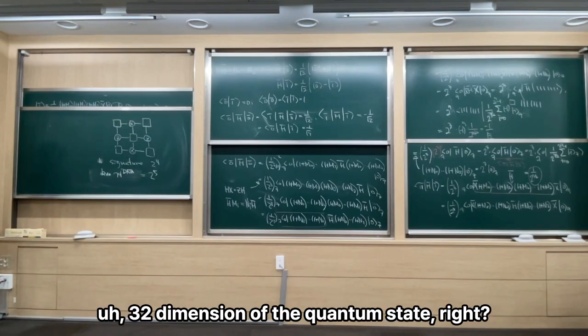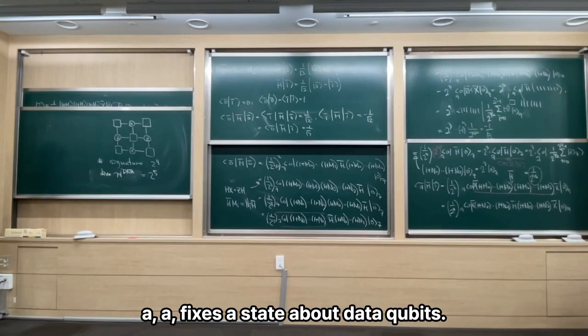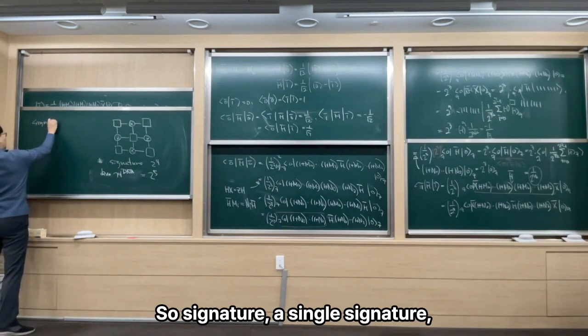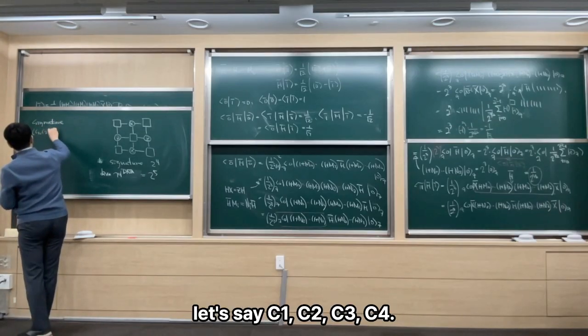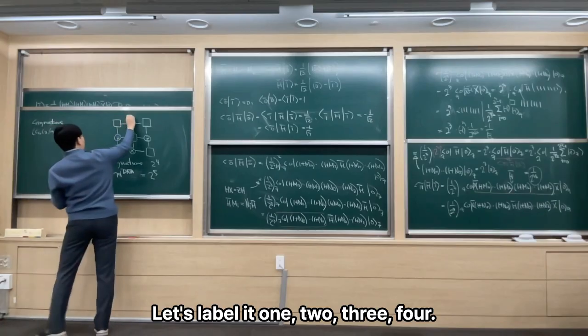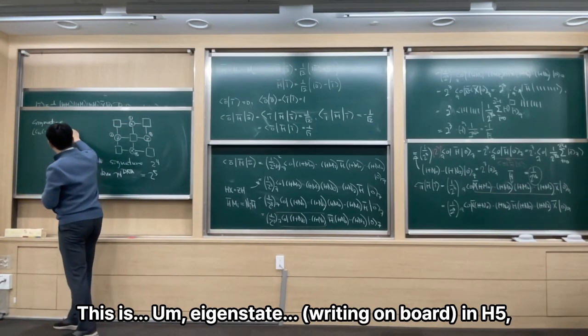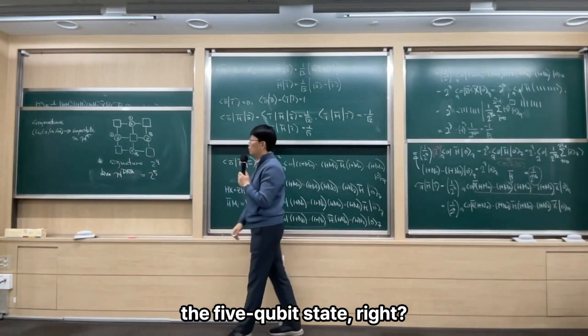Right, so each signature fixes a state of the data qubits. But this fixed state, a single signature, let's say C1, C2, C3, C4, labeled 1, 2, 3, 4, gives an eigenstate in H5, the 5 qubit space, right?